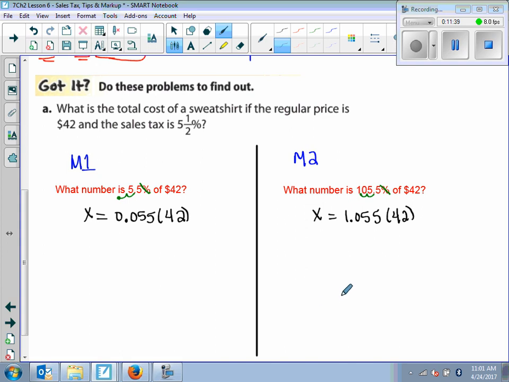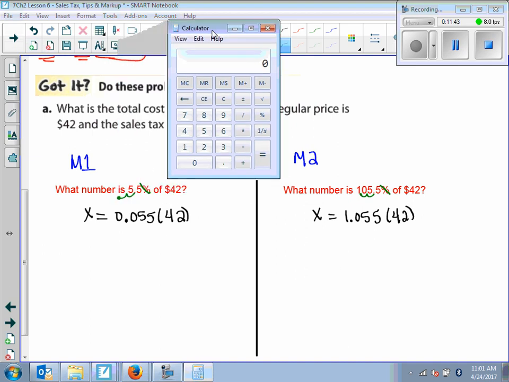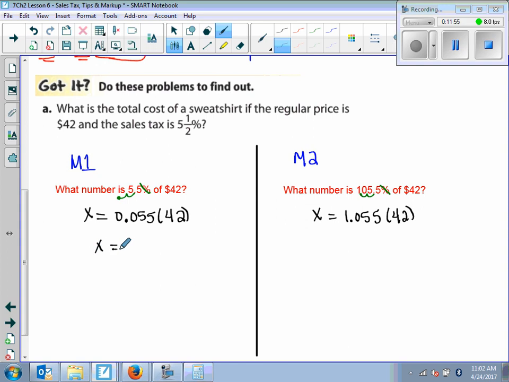Okay? And now we just multiply. So, for the first one, we've got 0.055 times 42, and that's going to give us 2.31. So here, x is equal to $2.31. And that, of course, is the tax.